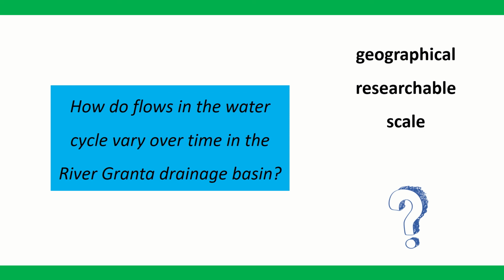It's a relatively small scale area, and so yeah, you probably could carry out a reasonable piece of data collection within that drainage basin. But is it defined? Arguably not. Looking at that question, you don't know which of the flows in the water cycle are going to be investigated.